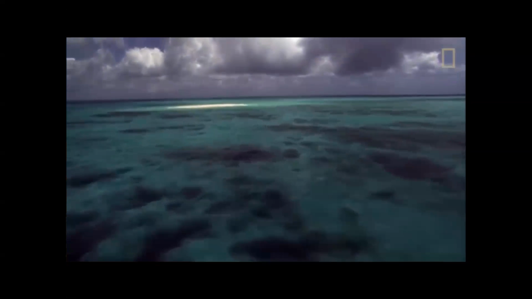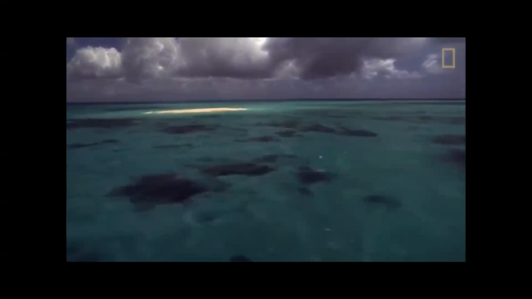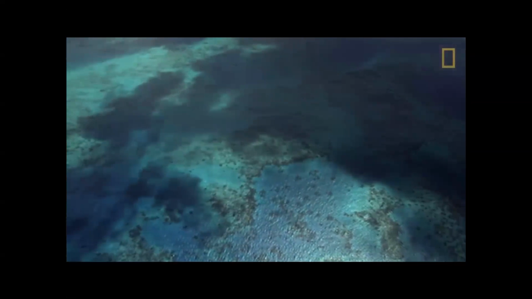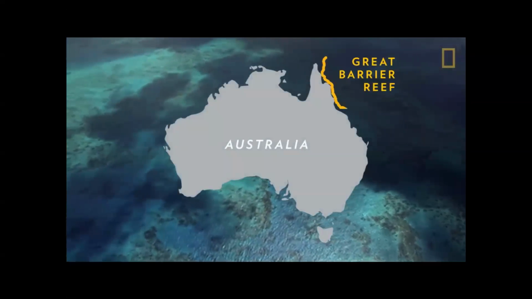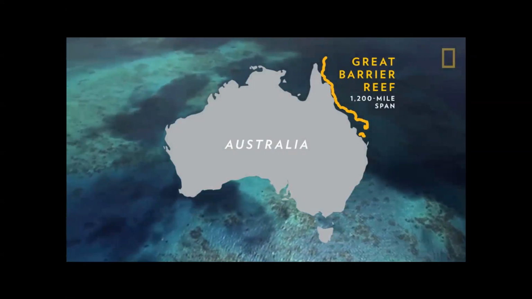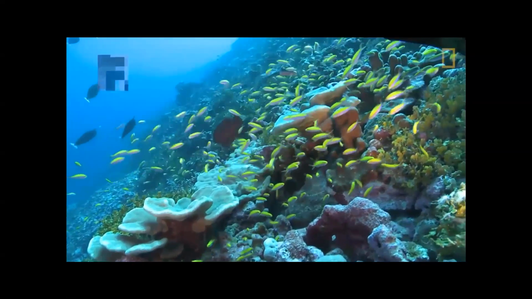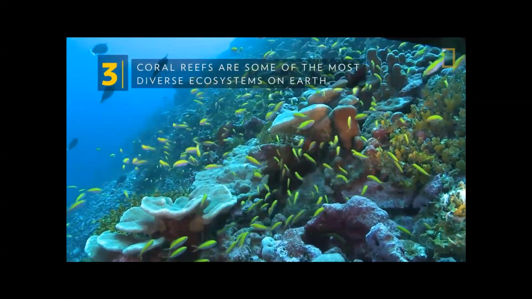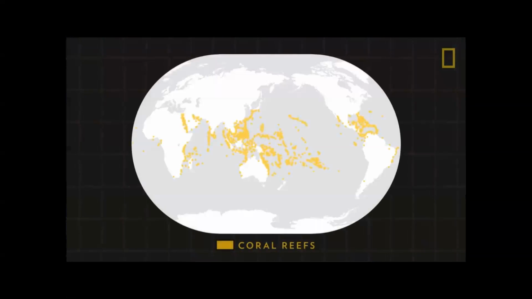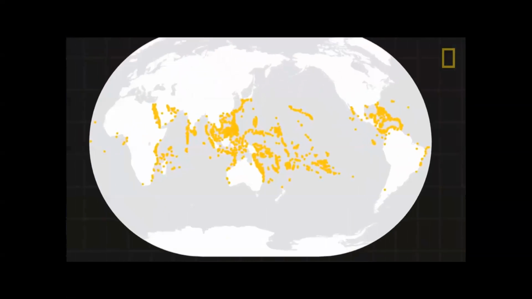Join with other colonies and become reefs that can grow to hundreds of miles long. The largest coral reef is Australia's Great Barrier Reef, which began growing about 20,000 years ago. Coral reefs are some of the most diverse ecosystems on Earth, though they cover less than 1% of the ocean floor.